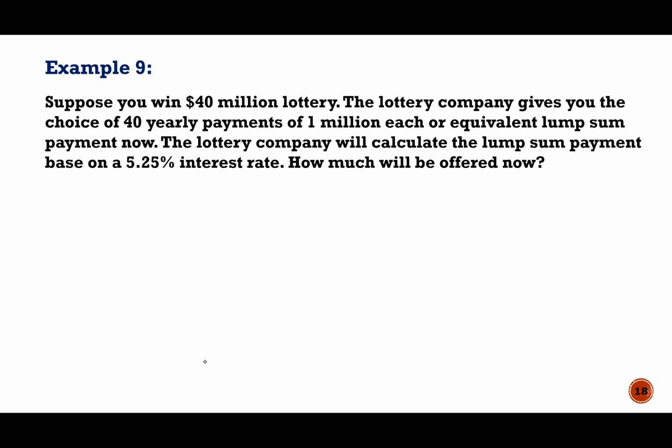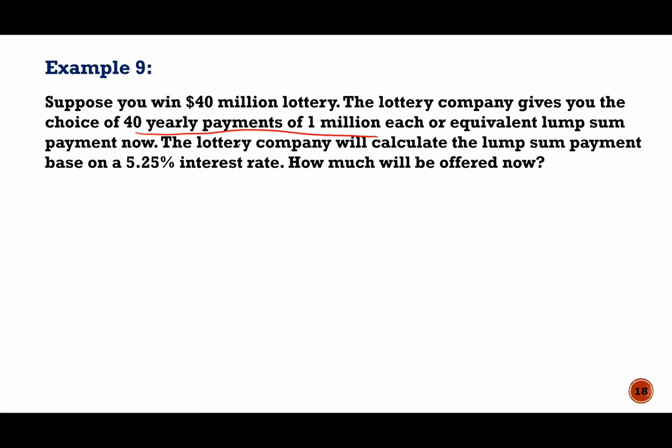So the lottery company will give you two choices. Usually, you can get a yearly payment, 40 yearly payments of 1 million. If you multiply 40 by 1 million, it looks like you're getting 40 million in total, right? However, think about this.